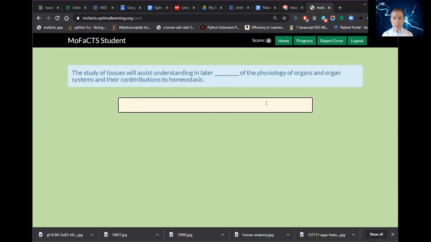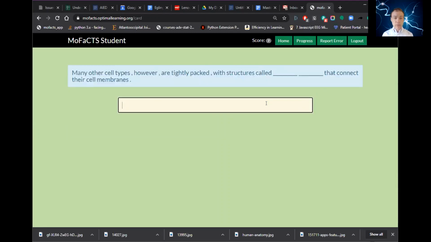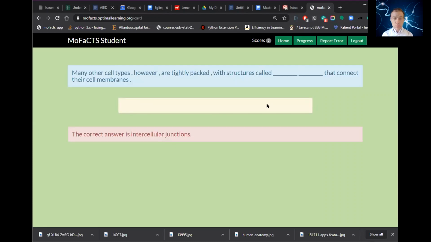Yeah, discussions. Connect their membranes. It's blank blank that connect their membranes. I don't know.